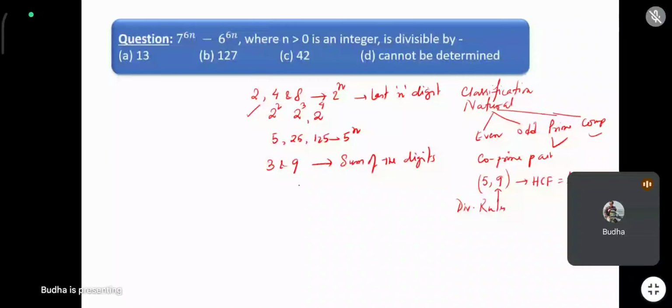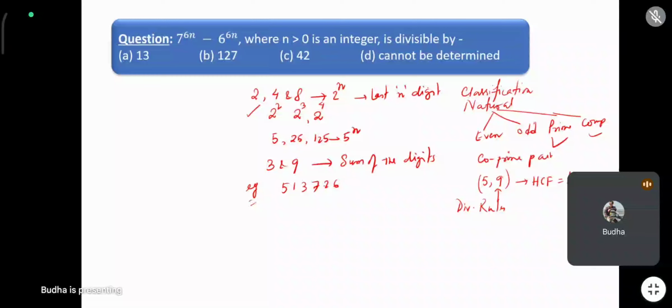Now, one quick technique for 3 and 9 also can be something like this. For example, if I want to check whether 513726, this is a number, is it divisible by 3 or 9?